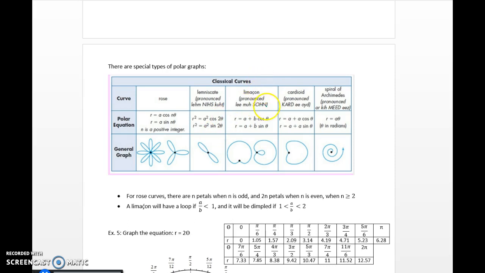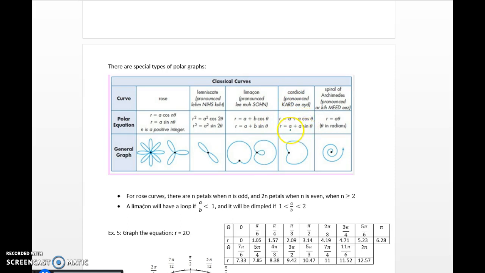The limacon, which we saw, takes the form a plus b cos theta or a plus b sin theta, where the number added is a different number than the coefficient in front of the trig function. And these can have a loop inside, or they can have a dimple. The example we graphed earlier had a dimple. What's similar is the cardioid, which is a plus a cos theta or a plus a sin theta.